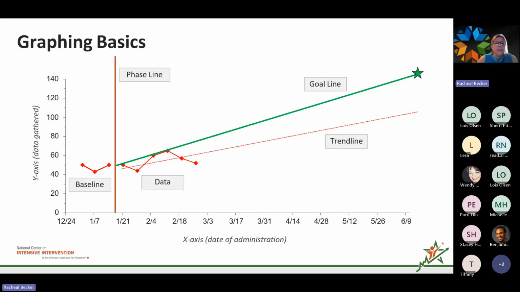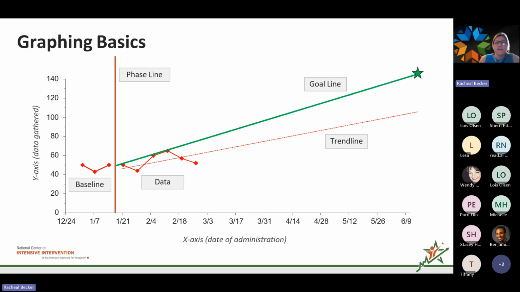So again, we have another graph where we have graphed the students' data. So some things that you'll notice, the baseline data is where the student started. The phase line tells us when the intervention started, and then they've collected the data pieces.